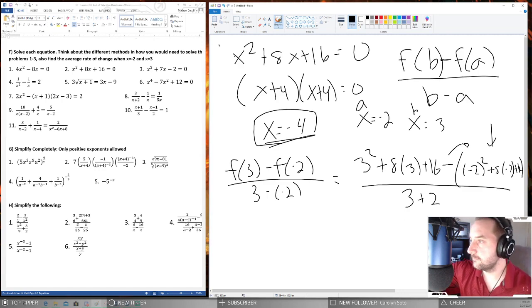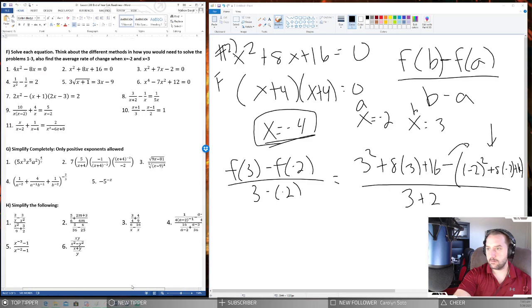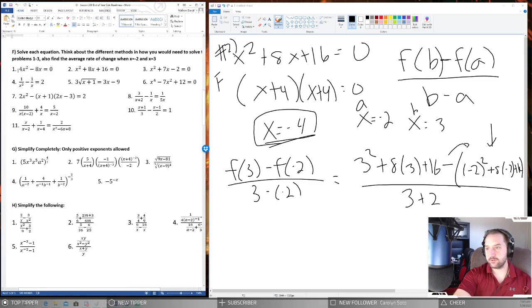So this was number 2 on part F. You only have to do the average rate of change for problems 1, 2, and 3. We pretend it equals y.